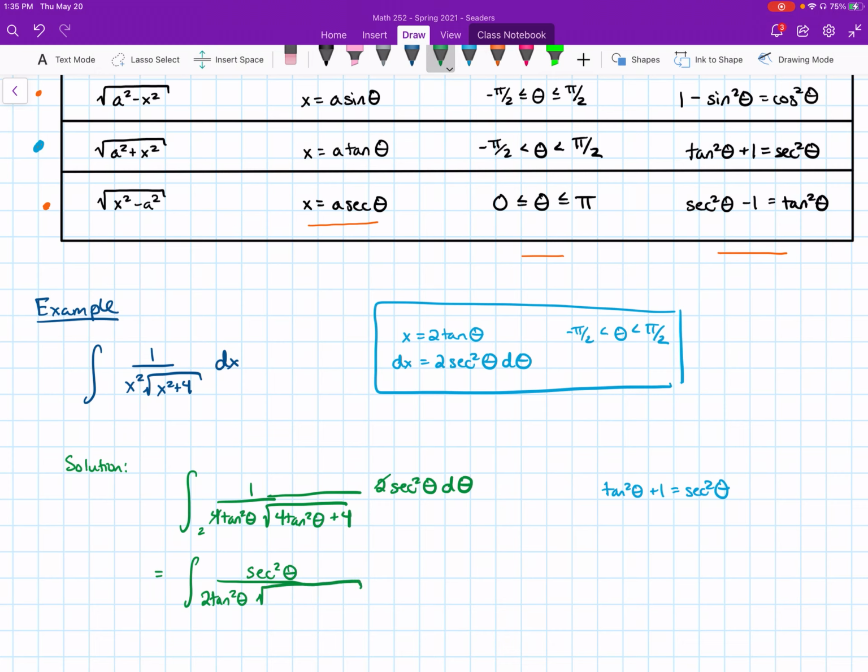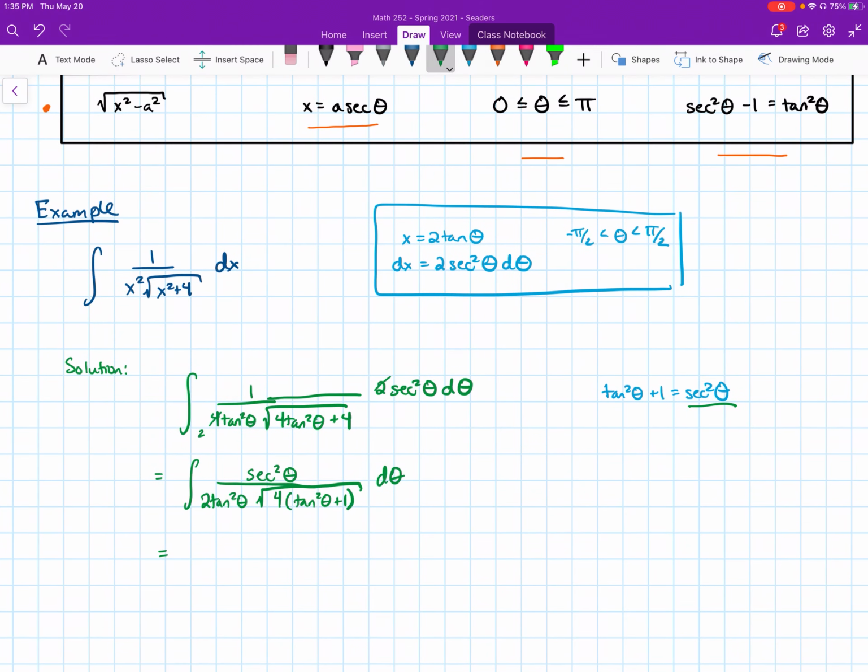And I could factor out a 4 and get tan squared theta plus 1, which is the same as secant squared theta. So I can get an integral of secant squared theta over 2 tangent squared theta square root of 4 secant squared theta d theta.